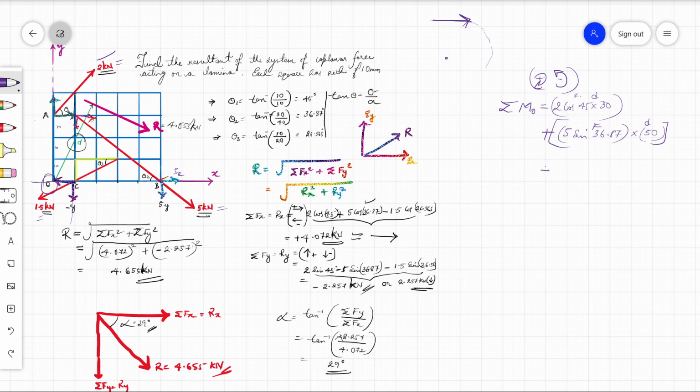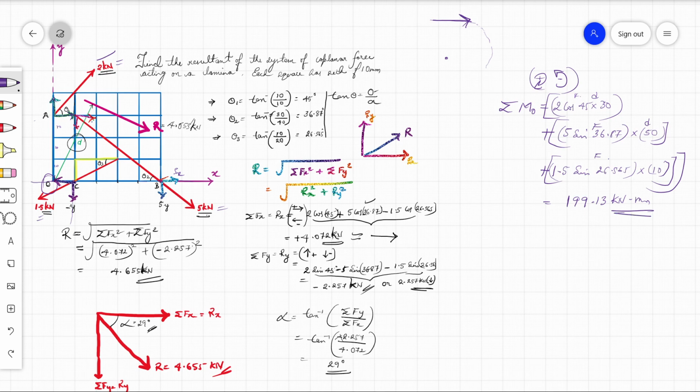So I can take it as a plus because it is again making a clockwise rotation. 1.5 sine 26.565, which is the force itself, multiplied with the distance, which is 10. So if I calculate this whole term, I get a moment of 199.13 kilonewton mm.